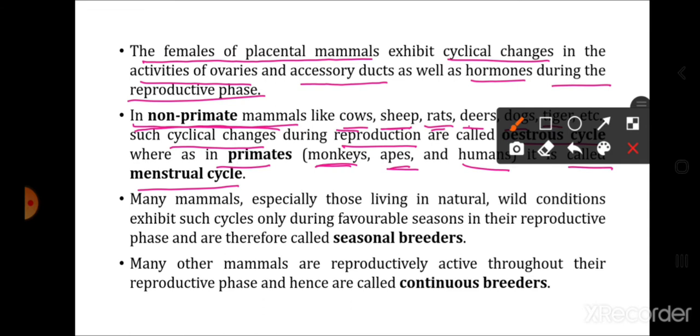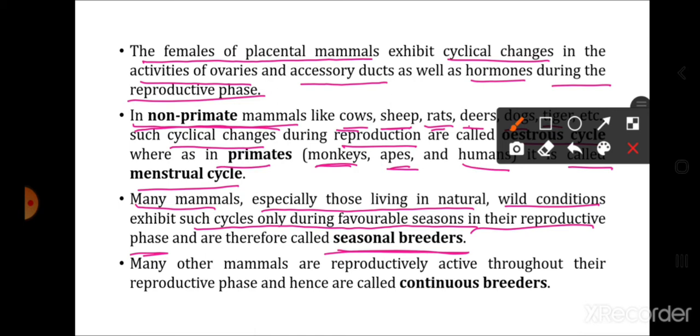But before that, many mammals, especially those living in natural wild conditions, exhibit such cycles only during the favorable seasons in their reproductive phase and are called seasonal breeders. Now, there are two categories further. One is the seasonal breeder and another one is the continuous breeder. Who can be considered seasonal breeders?